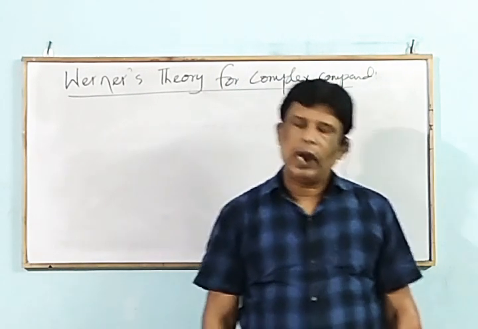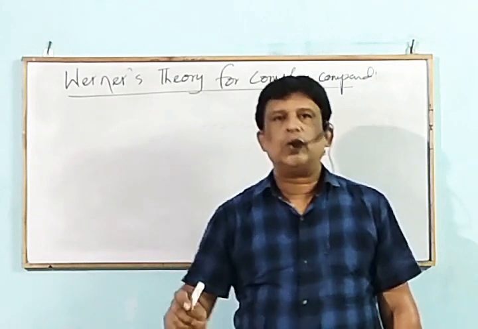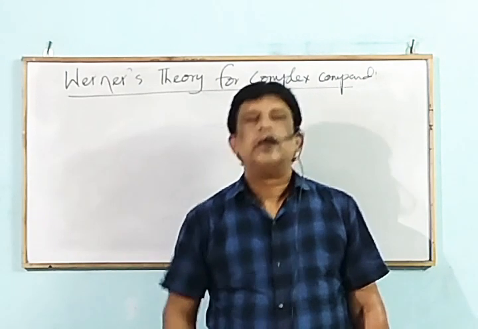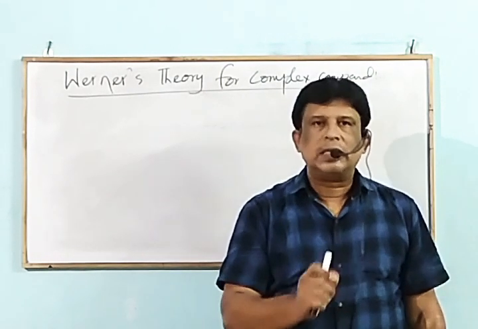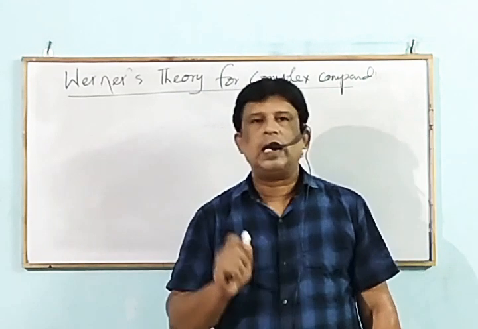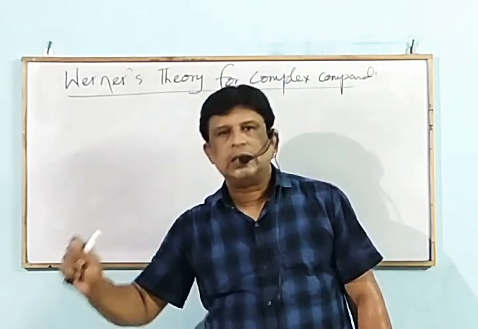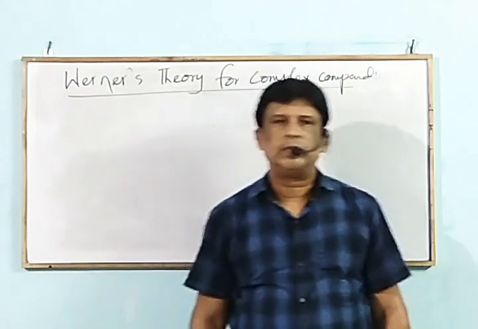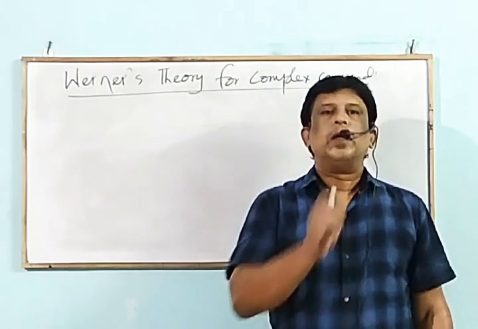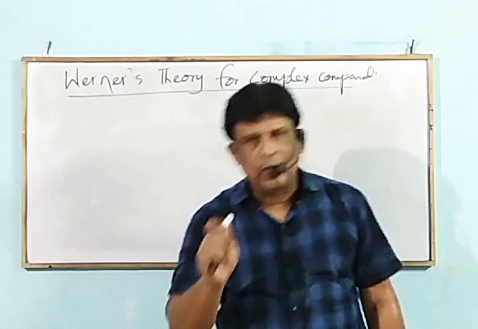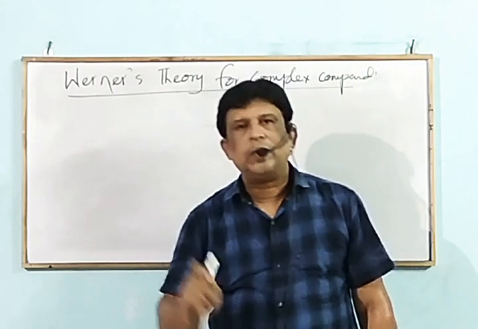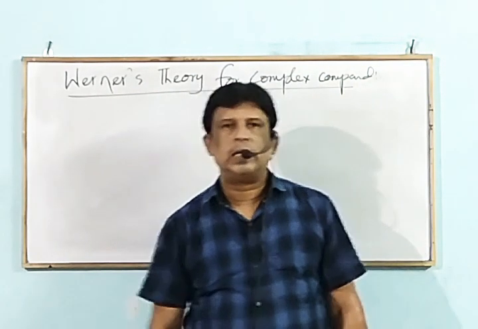One is known as the primary valency and the other is known as the secondary valency. Point 2. Primary valency is the ionizable valency, while secondary valency is the non-ionizable valency. I repeat again, second point. Primary valency is the ionizable valency, while secondary valency is non-ionizable valency.